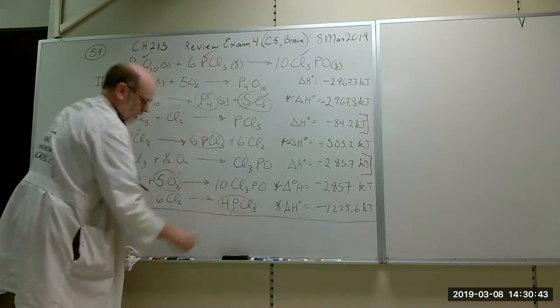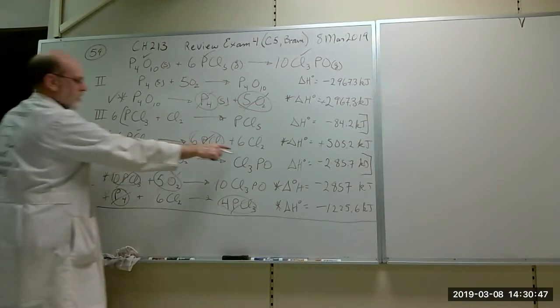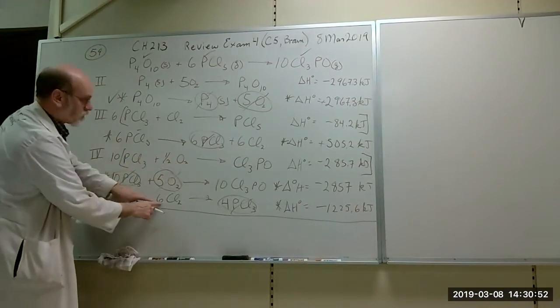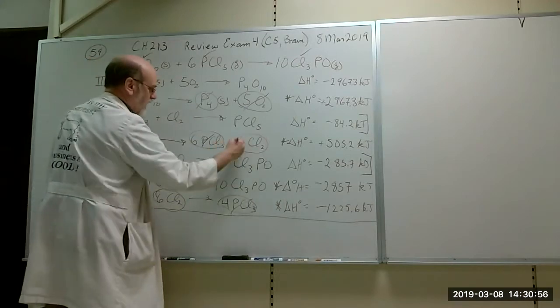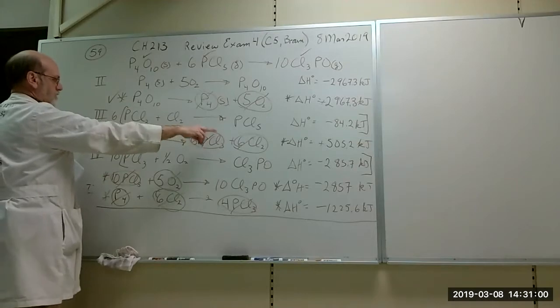All of those are gone. Okay? So that leaves chlorine, 6 chlorine. Here we go. 6 chlorine on this side of the arrow, 6 chlorine on that side of the arrow. So those 2 are gone.